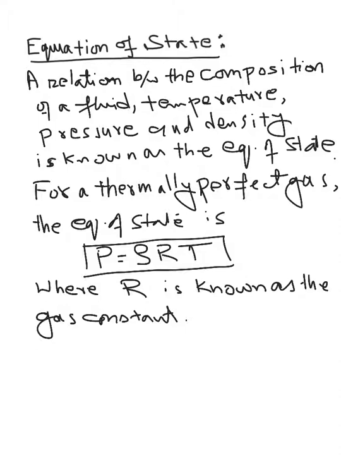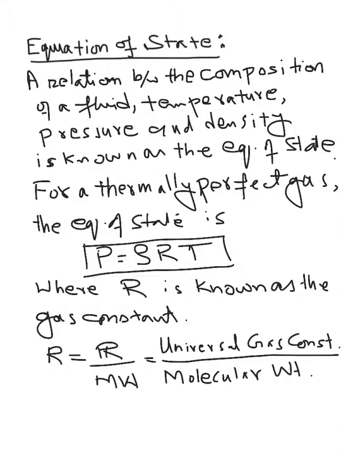It has different values for different gases, and it can be related to the universal gas constant divided by the molecular weight of that particular fluid. It is important to note that the pressure and temperature should be absolute quantities in this equation.